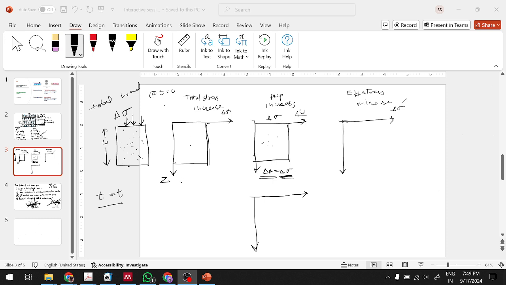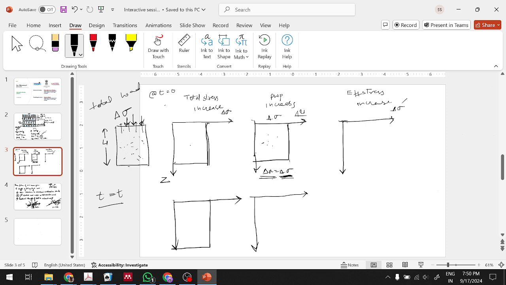So as I was saying, as time progresses, you see the total stress will not change. The total stress will remain as it was entirely, but the pore water pressure now will start decreasing. And where will it decrease? See, for the pore water pressure to dissipate, water has to leave this.